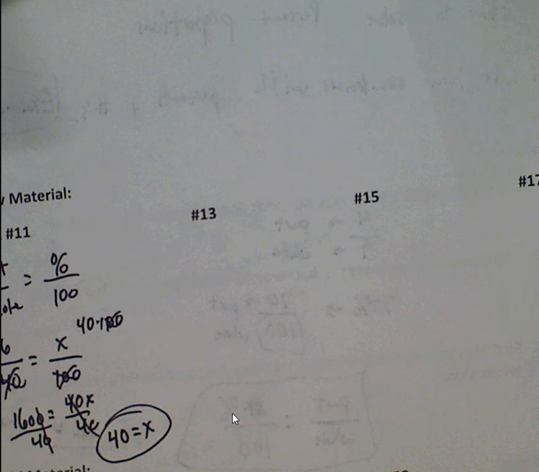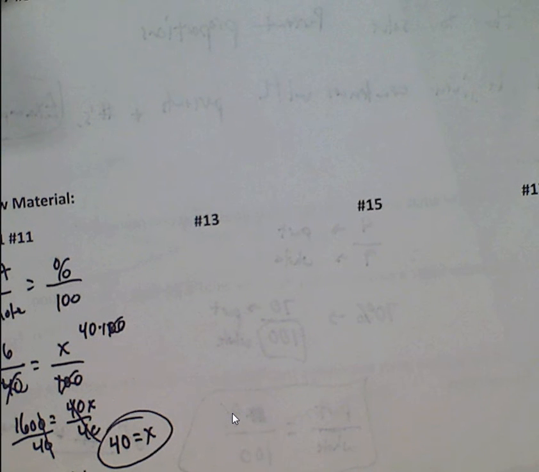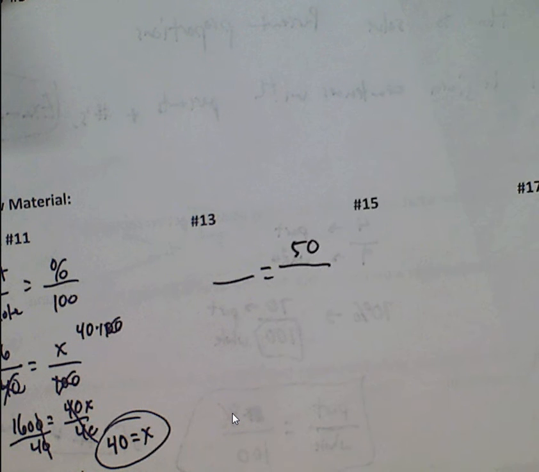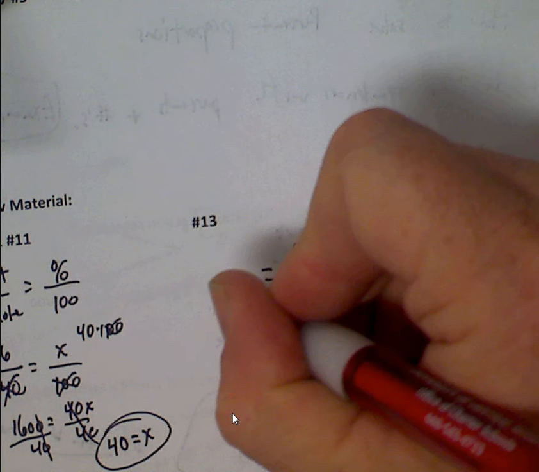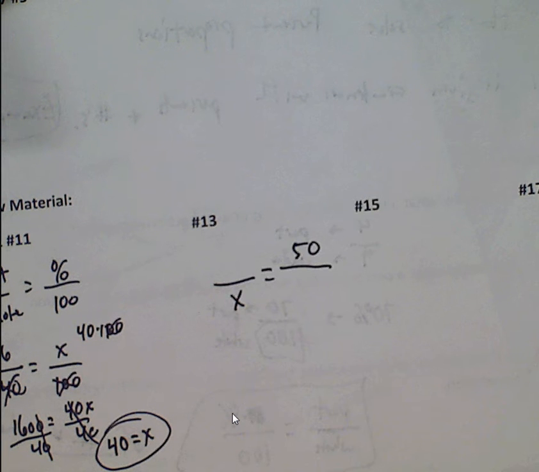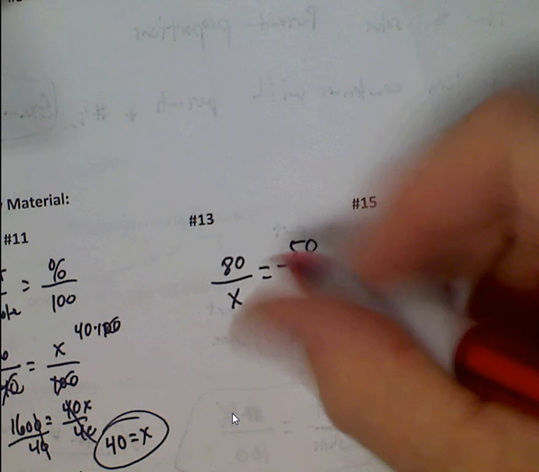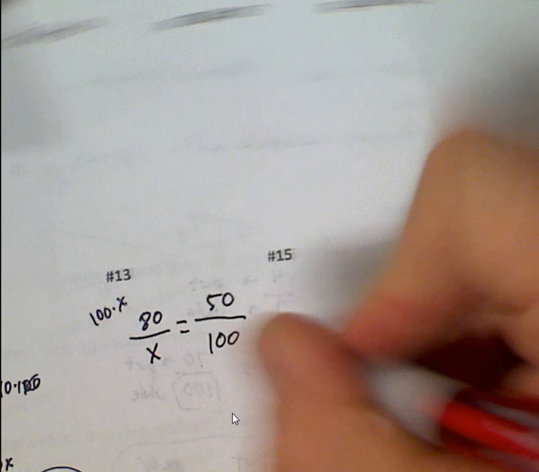Number 13. Pause the video and try. On number 13 it says 50%, so 50 goes on my percent. 50% of what number? That is my whole, is 80. 80 is my part. This is over 100. Multiply both sides by 100 and x.